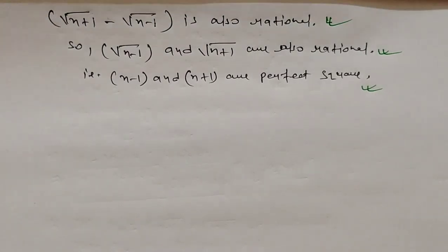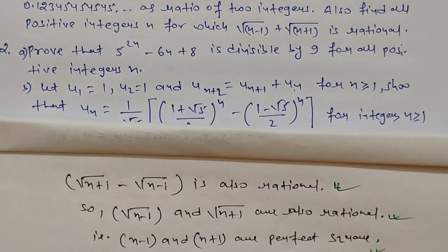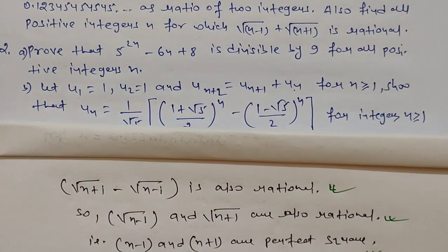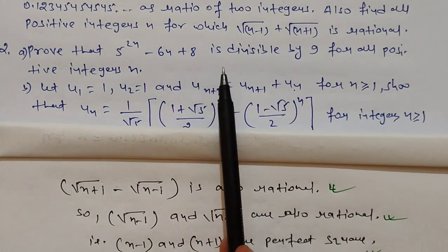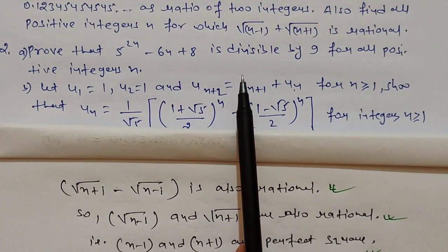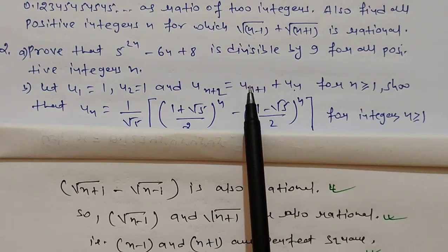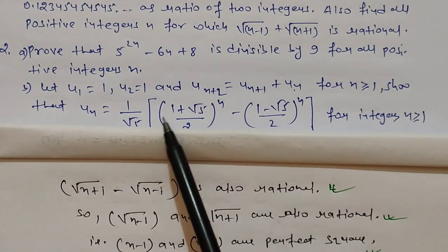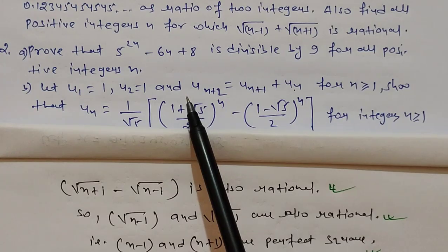Now in the second problem we have to prove that 5 to the power 2n minus 6n plus 8 is divisible by 9 for all positive integers n. So we will try to solve this problem by using the concept of mathematical induction.